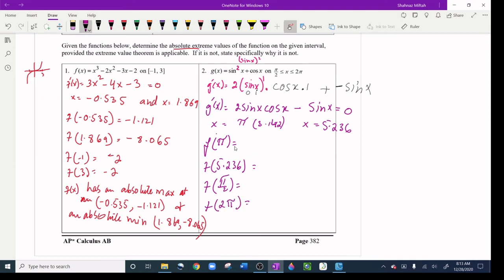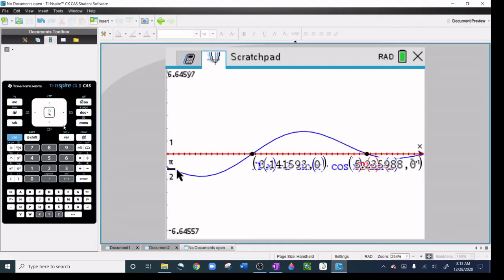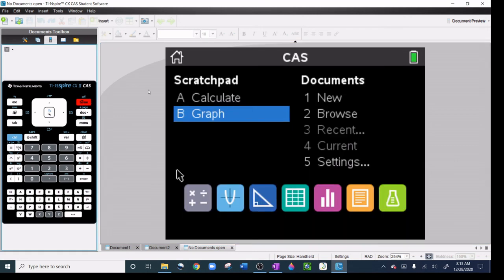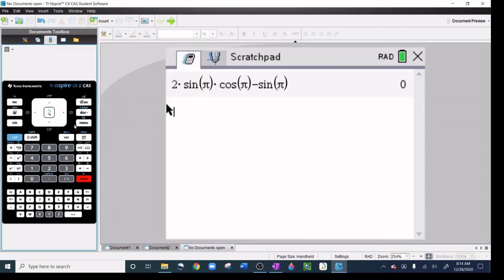So plug in pi. I can use a calculator to plug in the pi since I used a calculator for everything, but you can also check by going back to the original. I'm going to try original now.